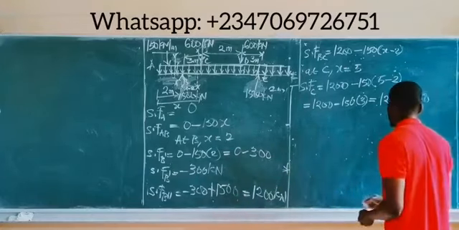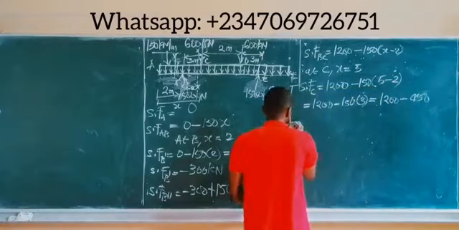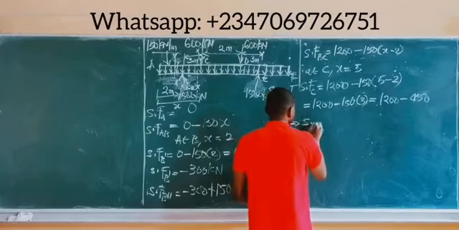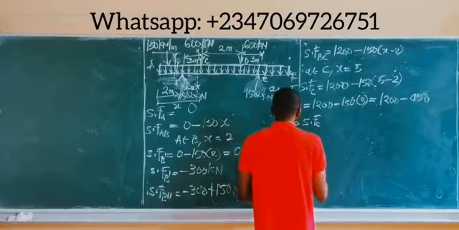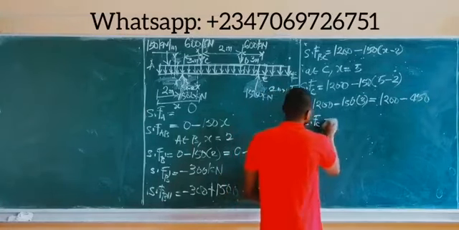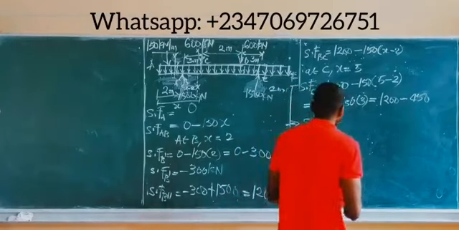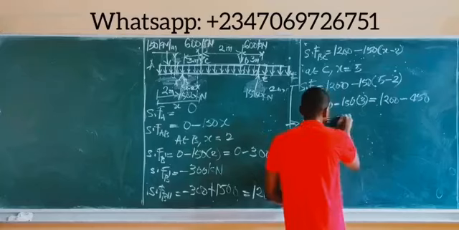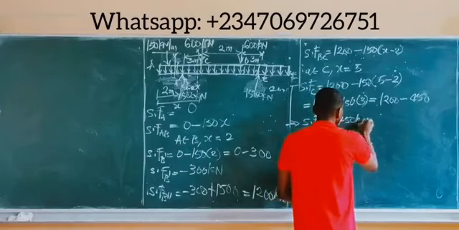So 1,200 minus 450 implies the shear force at C is 750 kilonewtons.